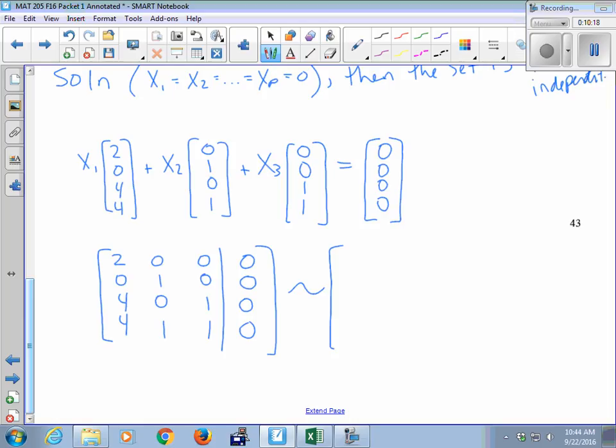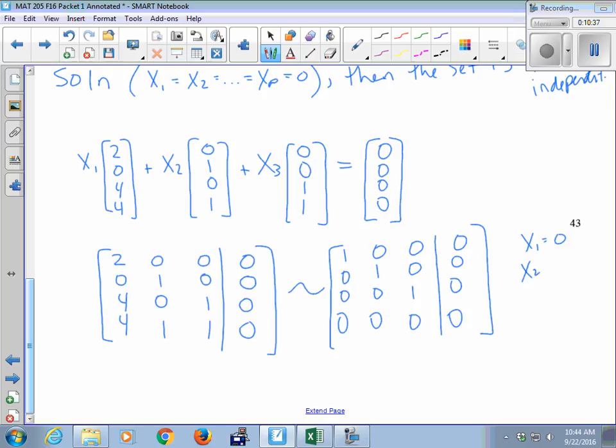And we get 1, 0, 0, 0, 0, 1, 0, 0, 0, 0, 1, 0, 0, 0, 0, 0. So this says x1 is 0, x2 is 0, x3 is 0. That's the trivial solution, right?